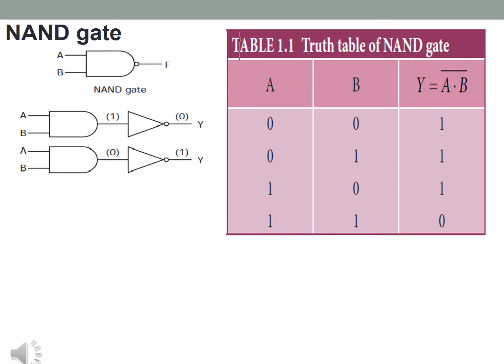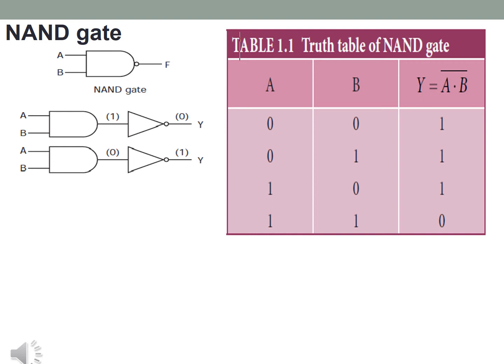If you provide A and B as inputs, for an AND gate you get A and B multiplied, but for a NAND gate you get the complement of the logical multiplication: Y equals A into B, the whole bar.